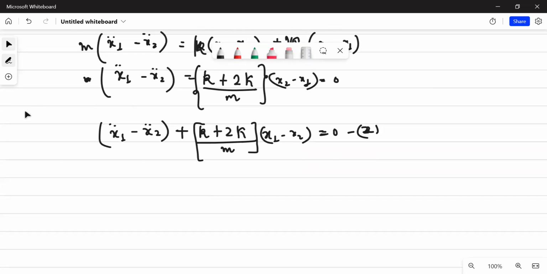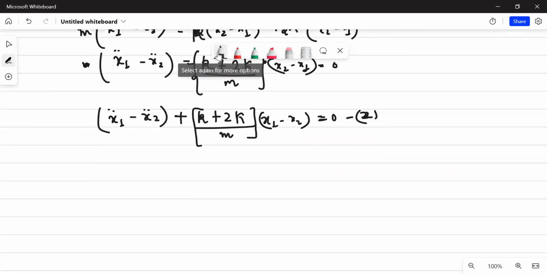And now let us place the initial conditions in order to get some solutions out of it. We can say that x1 plus x2 is equal to A cos(omega t plus phi), isn't it?